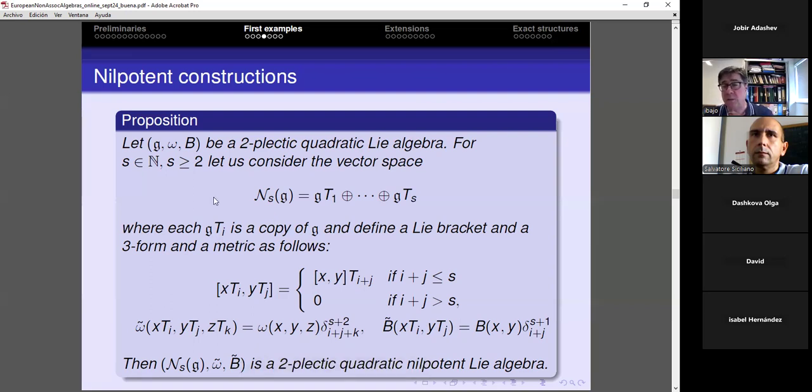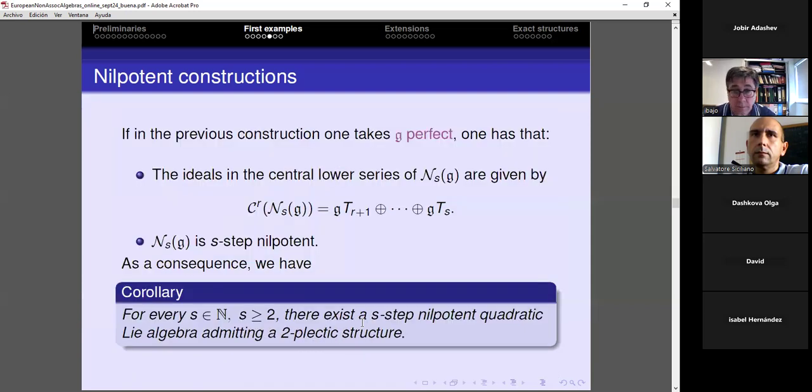And that result is obviously just an example, but it is a very interesting example, because it shows this corollary: if we take our Lie algebra to be perfect, then the construction gives exactly a nilpotent Lie algebra which is S-step nilpotent, strictly S-step nilpotent.